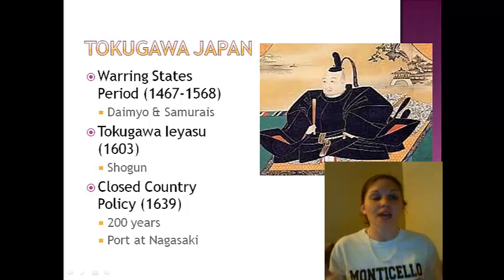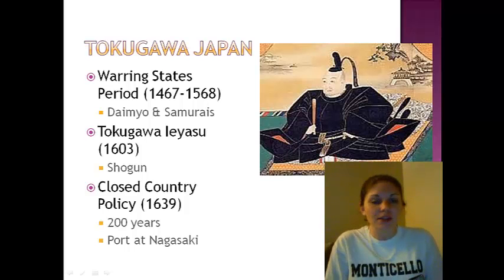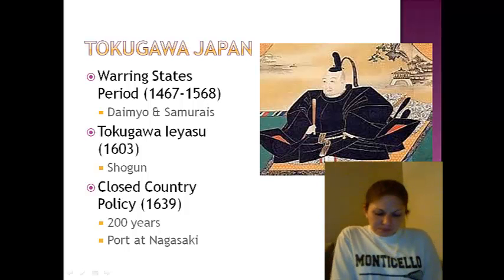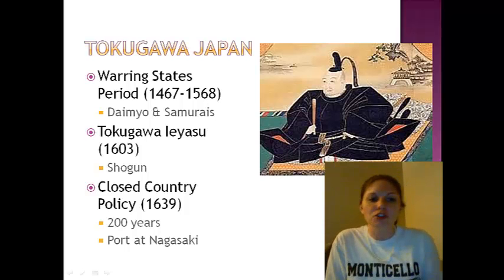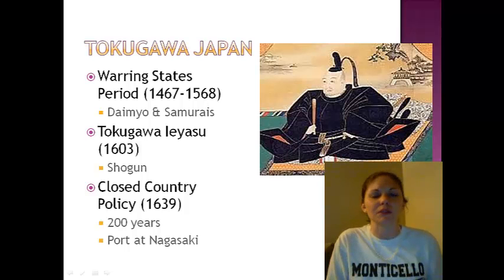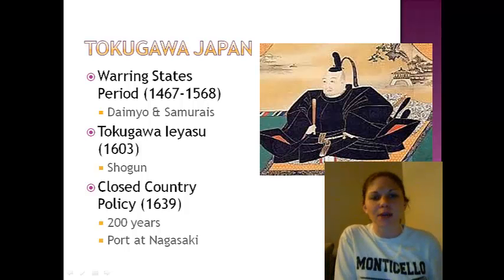When the Europeans first come, the Japanese actually kind of like what the Europeans bring to trade, specifically guns and that kind of thing, and they're trading willingly with the Europeans, and this lasts for a period of time. However, eventually the shoguns realized that they didn't like the European influences, specifically religion and the Christian missionaries that were coming to Japan.